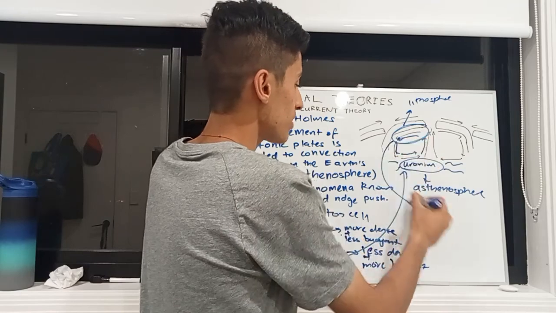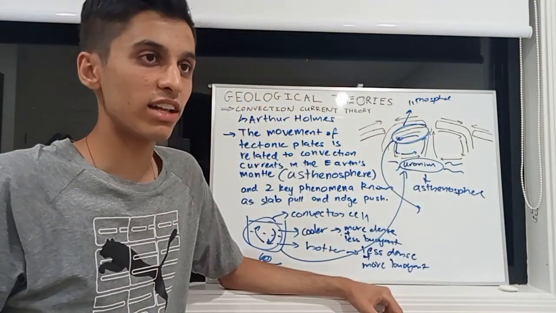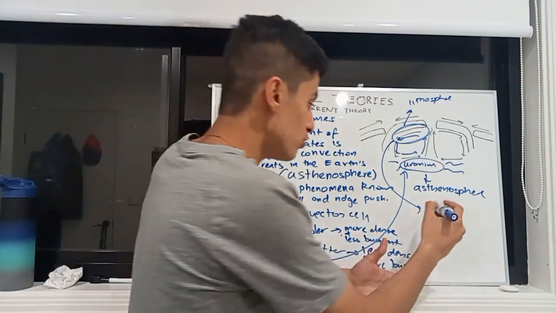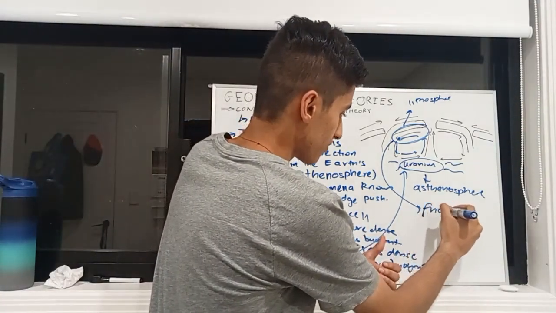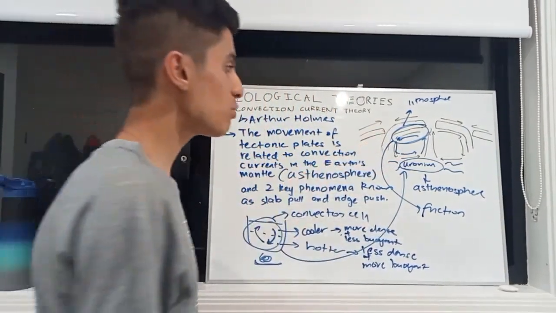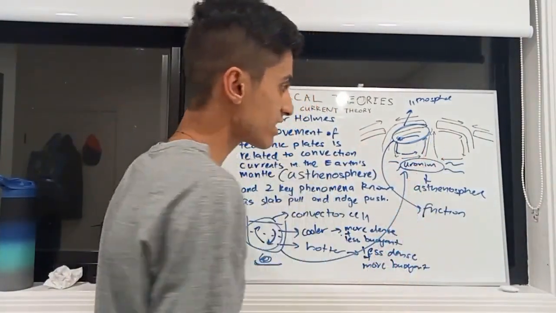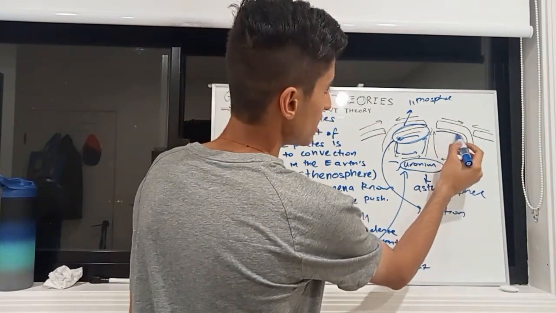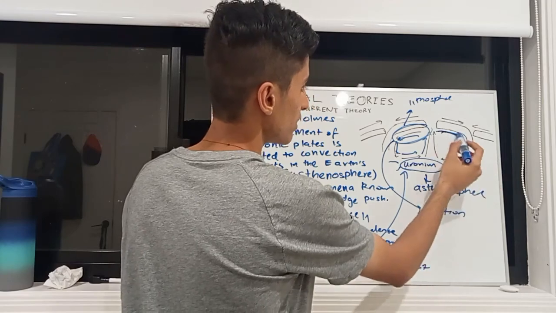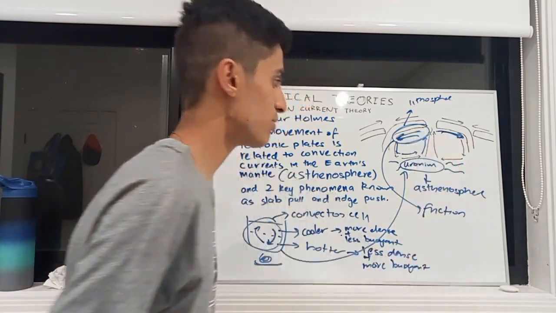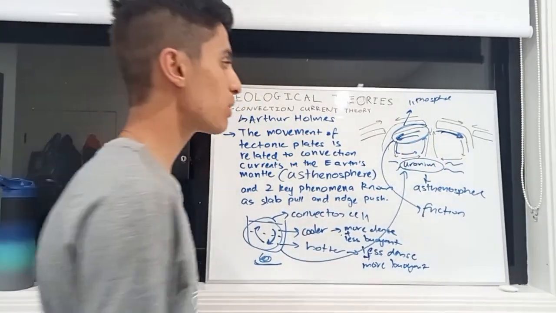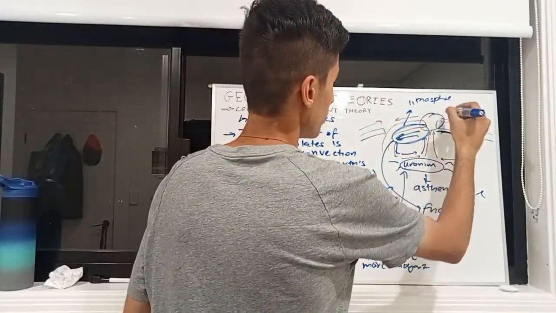So what happens here is that there's friction created, and this friction drives the movement of the lithosphere. In this case, we can see that this part of the convection current is moving this way, and this part is moving this way. So they're moving apart, and when they move apart, we call that a diverging plate boundary.